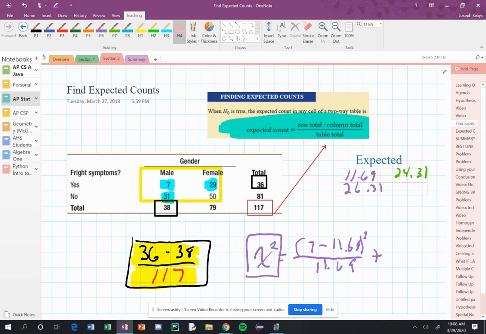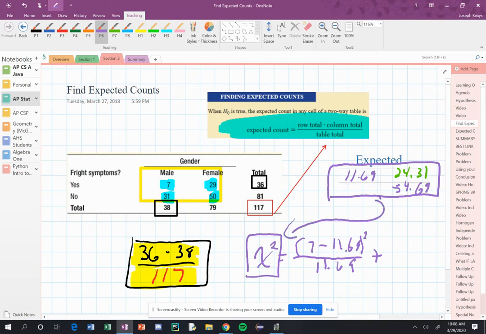And then the last one, which I'm going to do by hand, is what? I take the row total, which is 81, times the column total, which is 79, divided by the table total, and I'm getting 54.6923. So all these are the expected counts, and those expected counts are used to calculate the chi-squared statistic.